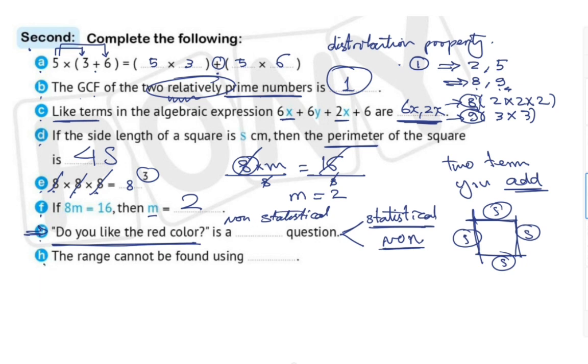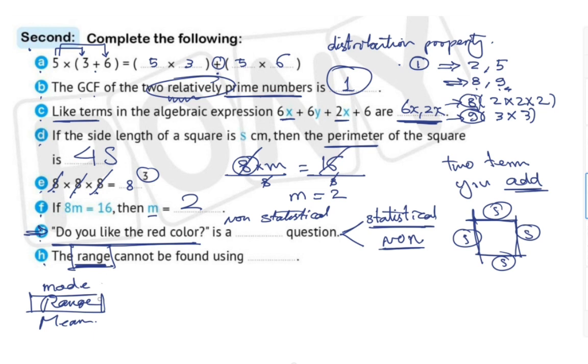Okay, last point, the range cannot be found using what? Of course, the range is a graph property. You have mode, range, mean, median, and so on. It says there is some graph you cannot find the range from. What's this graph?